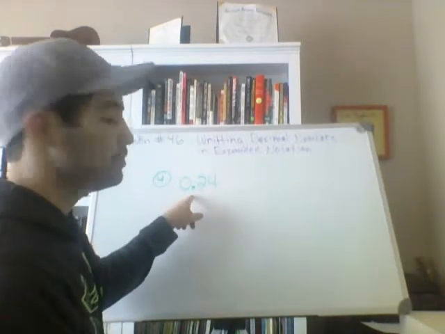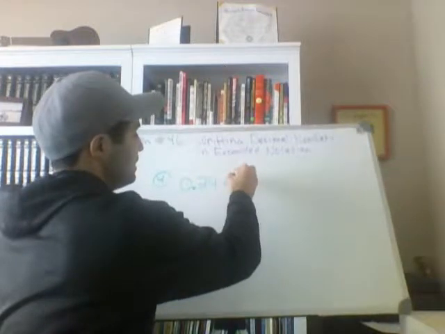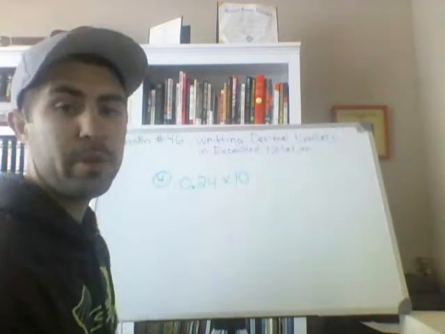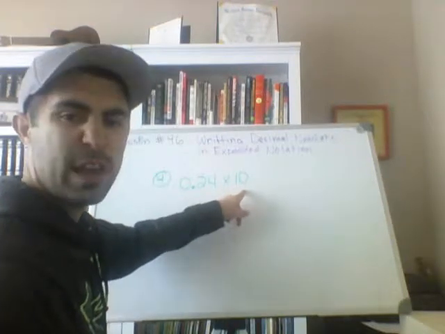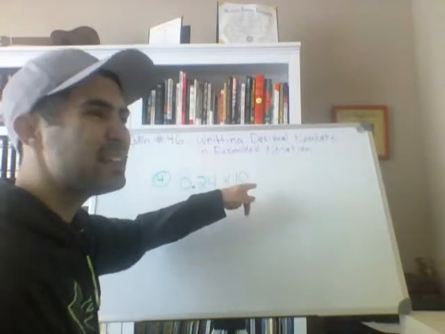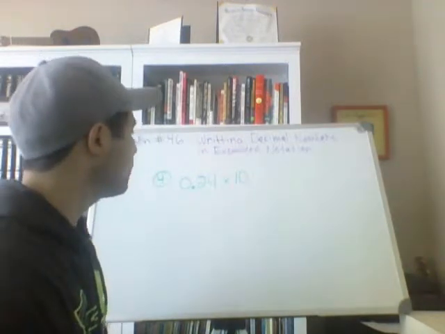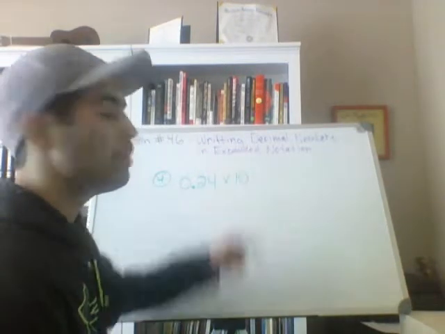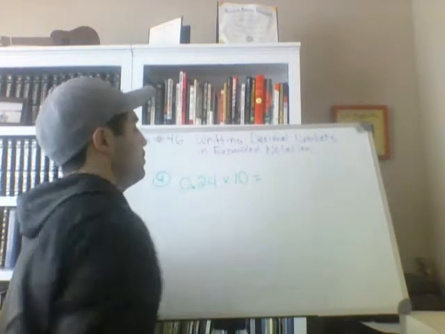All right, so if you have, let's say, 24 hundredths, meaning the 24 comes to the right of the decimal, and I want to multiply this by, let's say, 10. If I multiply this by 9 or 8 or 7, or any of those numbers, it's a lot more difficult. But if you multiply something by 10, it is very easy to come up with the answer.